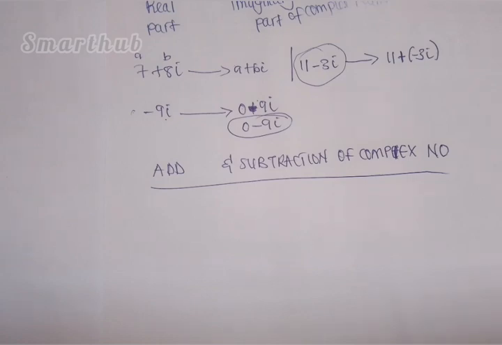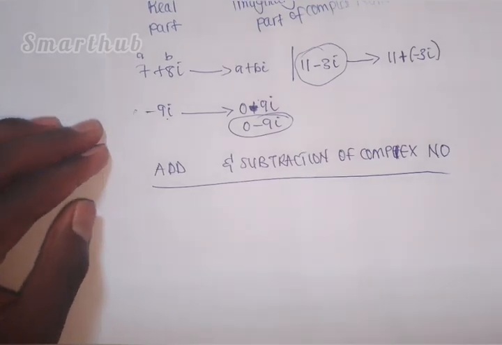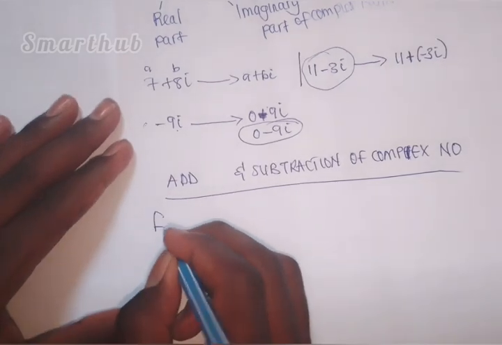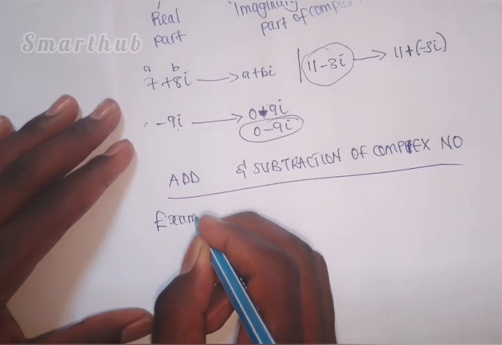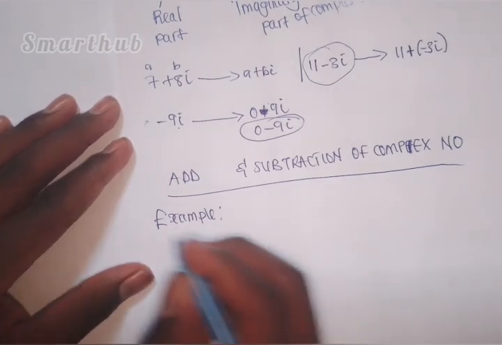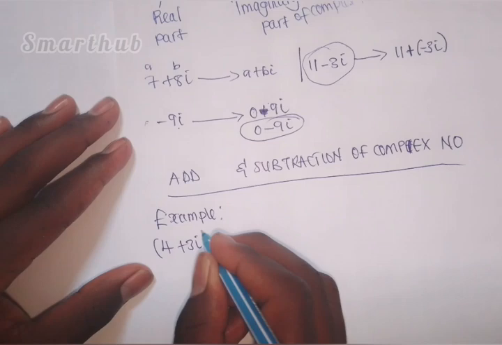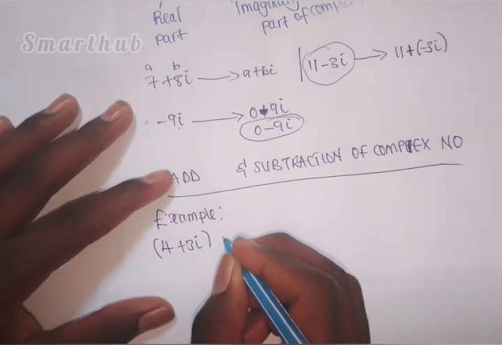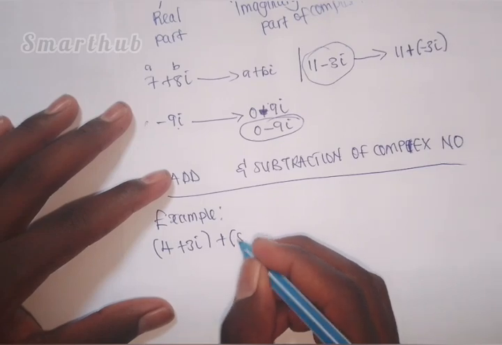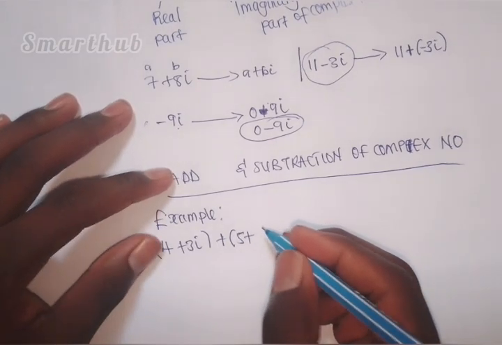Let's say, for example, you've been given 4 plus 3i, then you are adding 5 plus 9i.